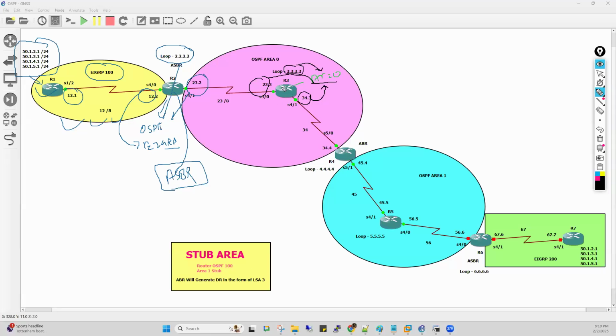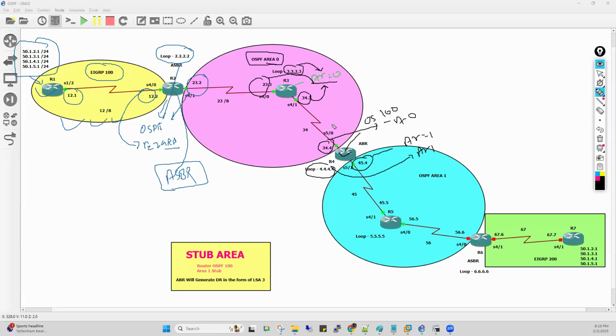Here we are running, guys, OSPF area number 0. Clear? Come to this router. On this router, we configure router OSPF 100, and we advertise the 34 network in area number 0, and we advertise the 45 network in area number 1, and this one also in area number 1.